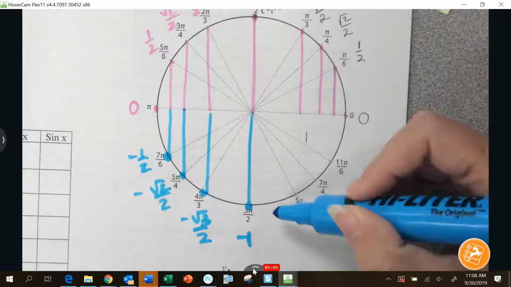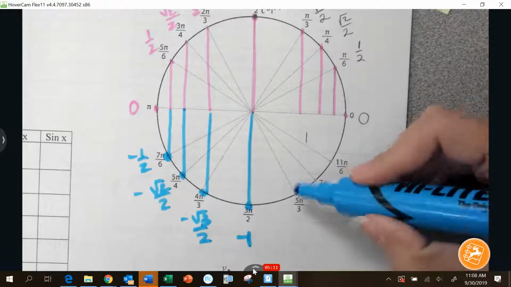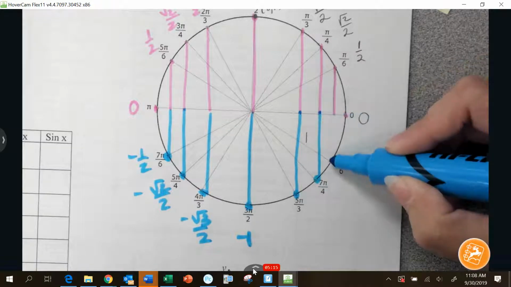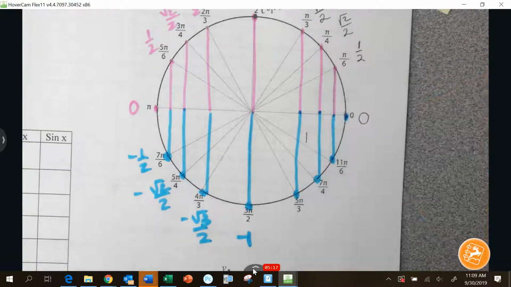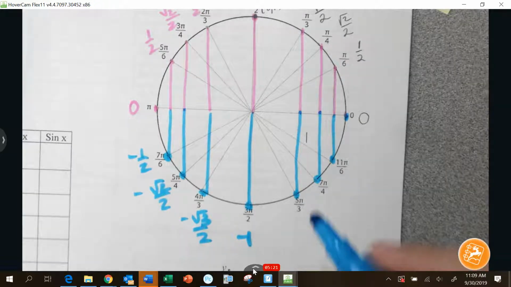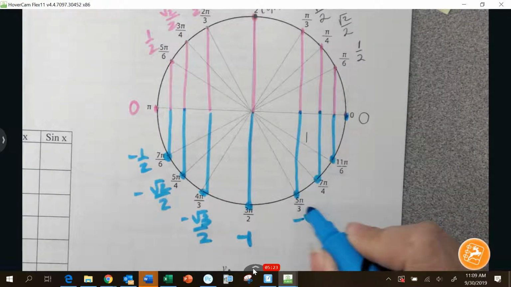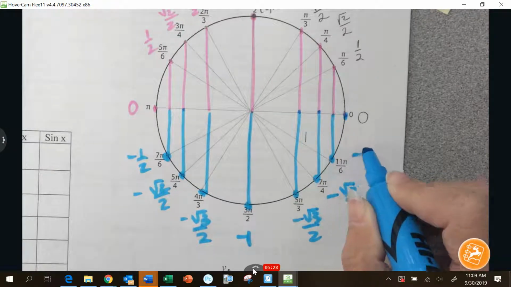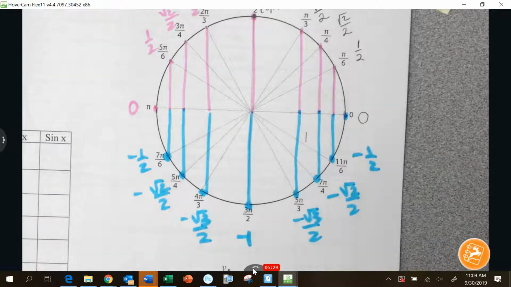And then once we pass 3 pi over 2, it's still negative, but it's less negative each time. So we're getting smaller and smaller, closer up till we get to 0 again. So negative radical 3 over 2, negative radical 2 over 2, negative a half, back up to 0.